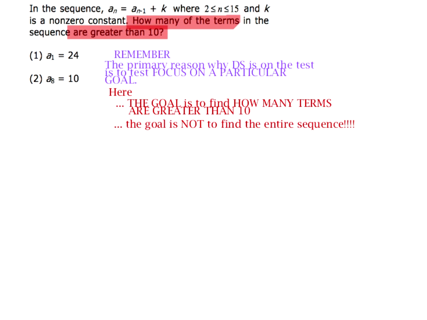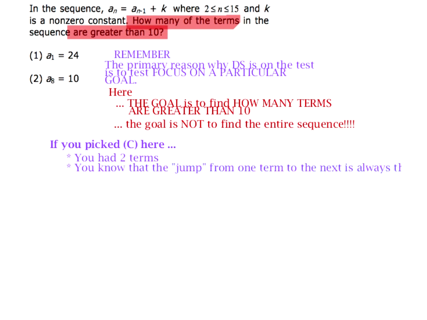If you pick answer choice C to this problem, which a lot of people did, even though the theme of today is that C is a trap, a lot of people still picked it. Notice what happened. Here's all you had to do. You had 2 terms, and you know that the jump from one term to the next is always the same.